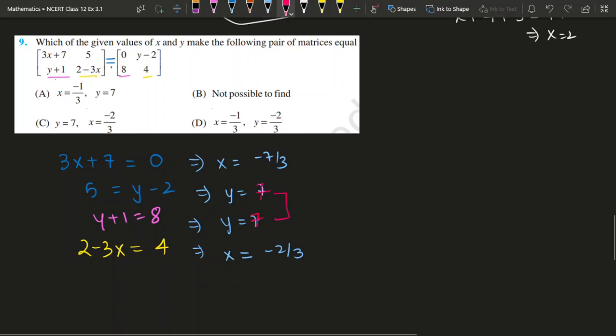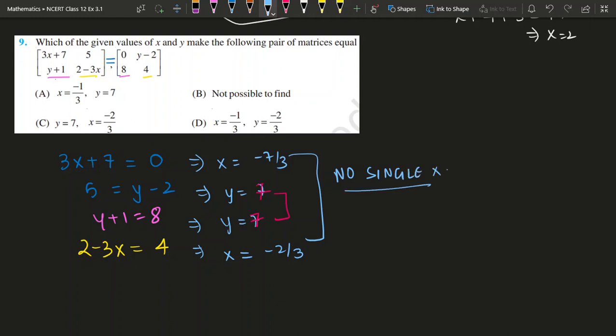But for the values of x, you have two different numbers. So since there is no single x, there is no right solution. So it's not possible to find any single pair of x and y that will make these two matrices equal. So the correct answer is B, not possible to find.